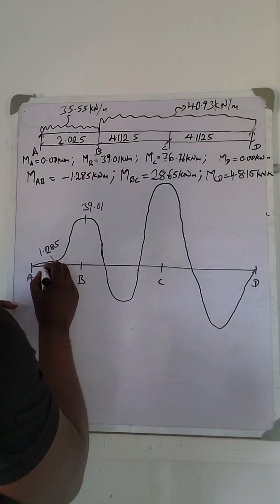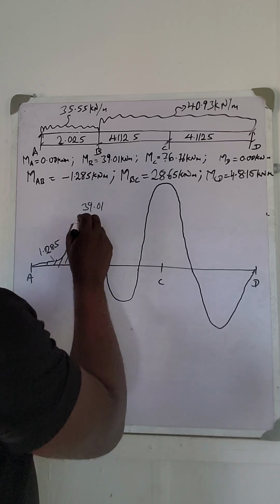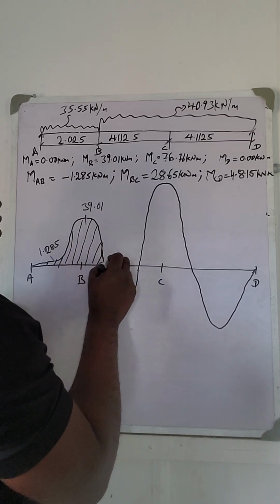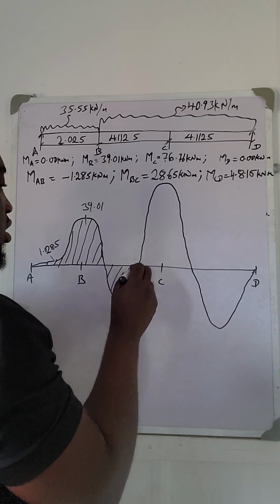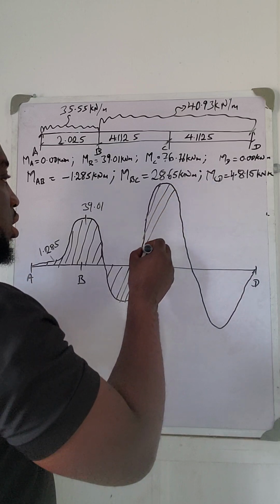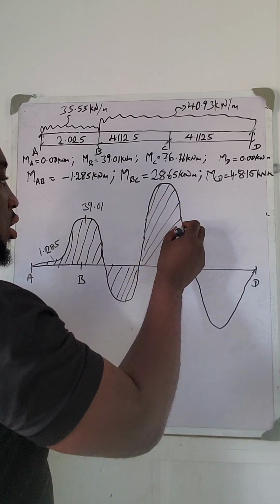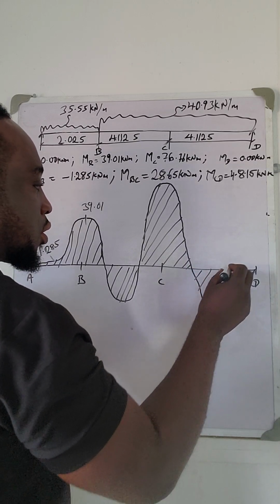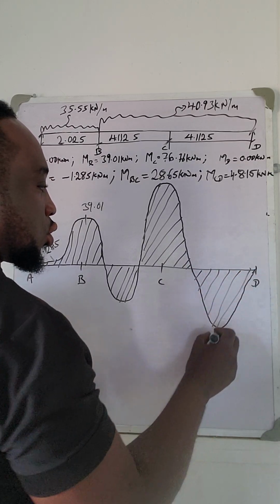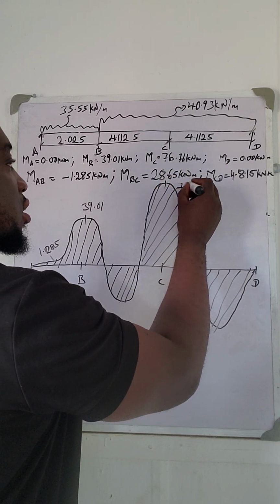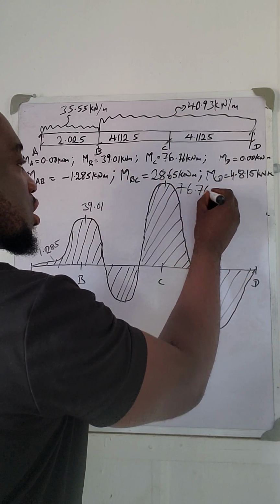So this is how the beam will react when loaded. This is how the beam will react to the load it is subjected to. So I will put in the values here. This is 76.76.